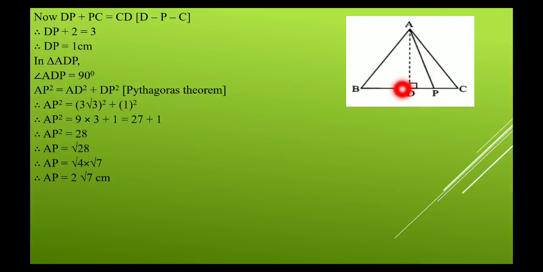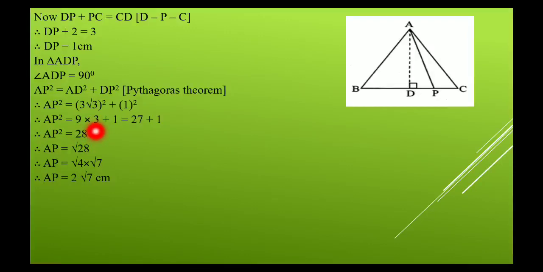In triangle ADP, the smaller triangle, angle D is 90 degree. So according to the Pythagoras theorem applied, hypotenuse is what? AP square is equal to AD square plus DP square. AP square value we don't know. AD square value we have already found. So it is 3 root 3 the whole square plus DP value 1 square. 3 square is 9, root 3 and square get cancelled.